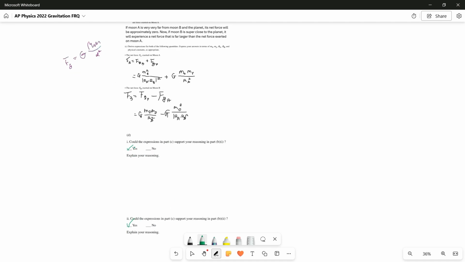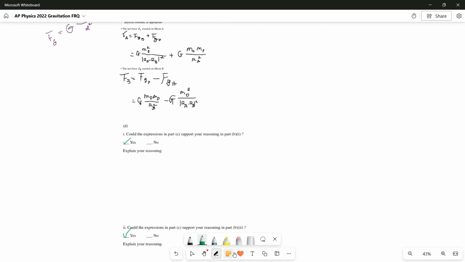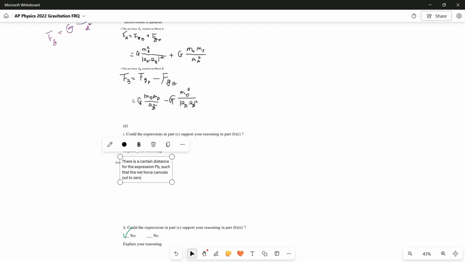Regardless, we should first prematurely select yes, and we should probably state something like, there is a certain distance for the expression FB such that the net force cancels out to 0. All right, there's definitely an algebraic solution to that. However, FA will always be greater than 0.